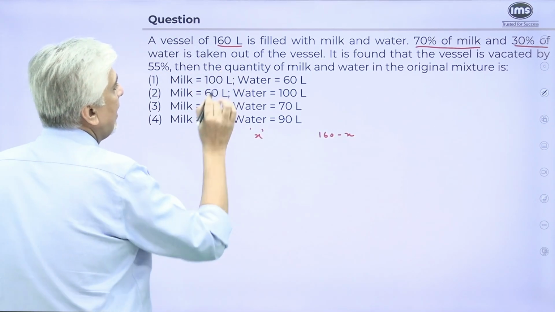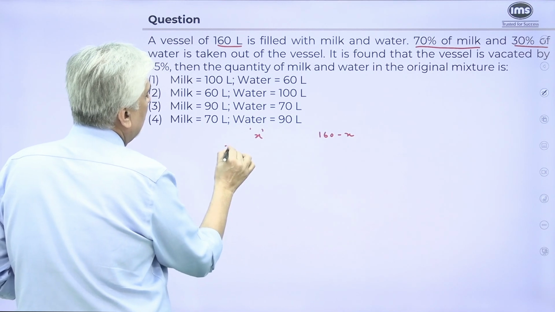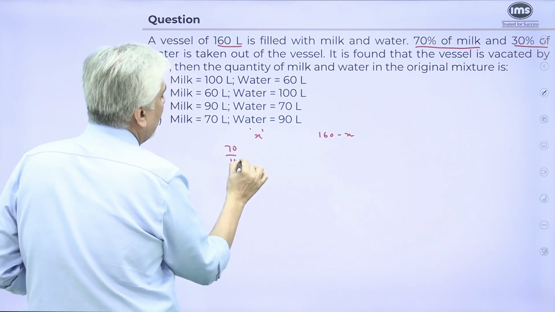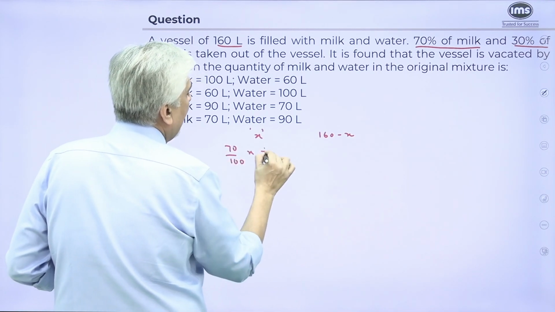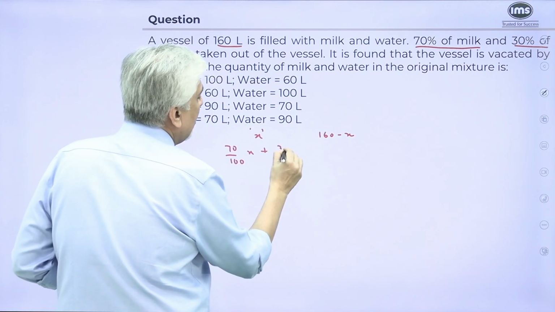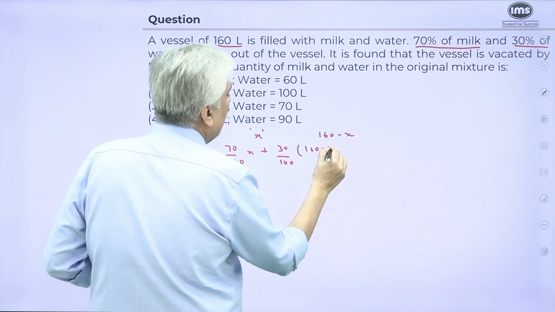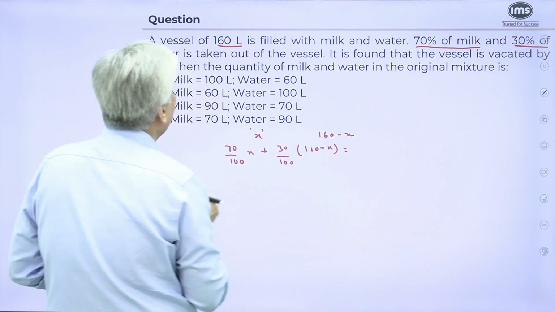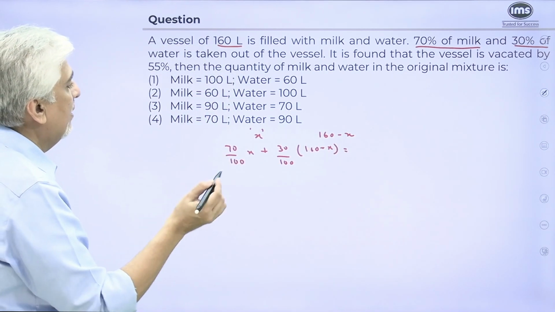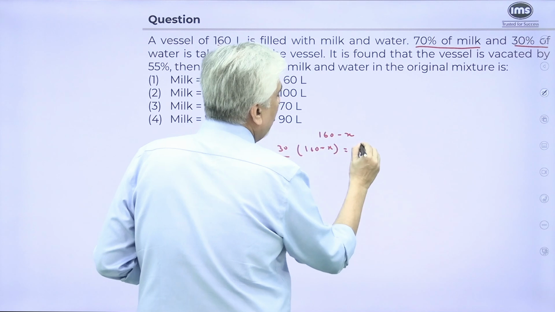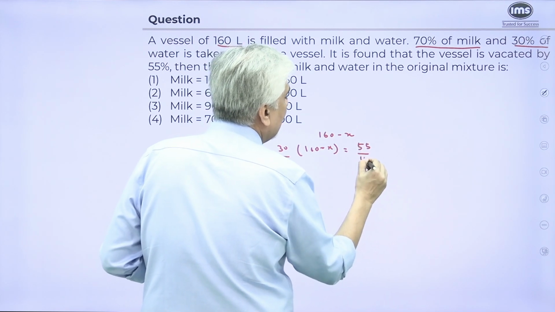So 70% of X is removed plus 30% of 160 minus X is removed. And this is same as 55% of the total, so 55% of 160.